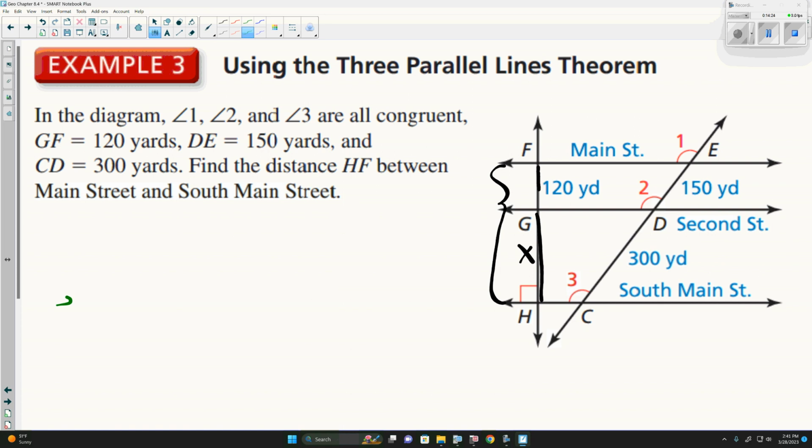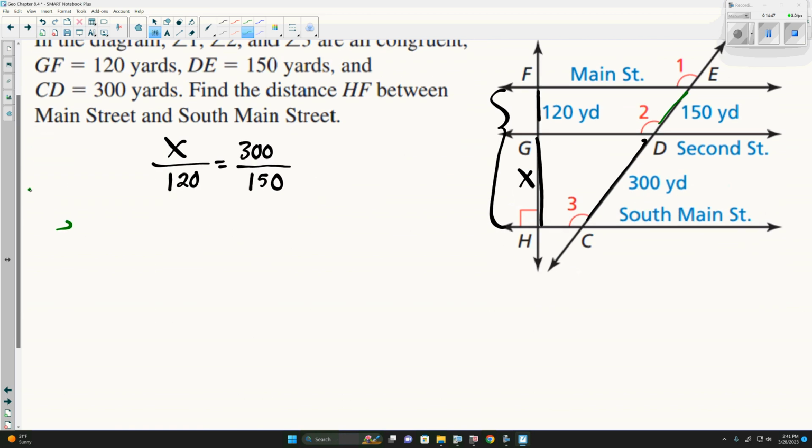Now what we said from the last theorem, this length over this length will be the same as this one over this one. So we can say x over what is going to be the same as? Yes. Now what can we do next? Multiply both sides by 120.